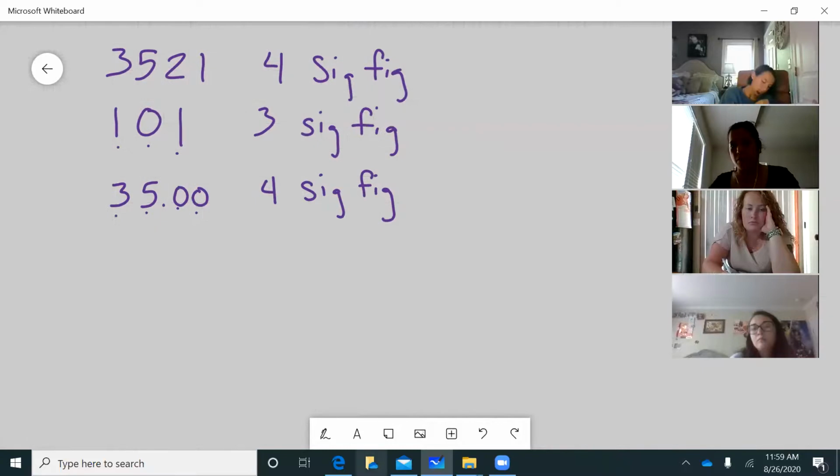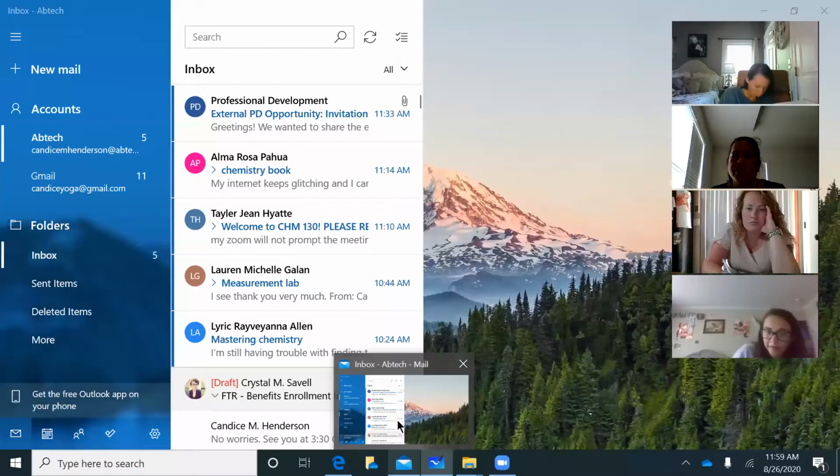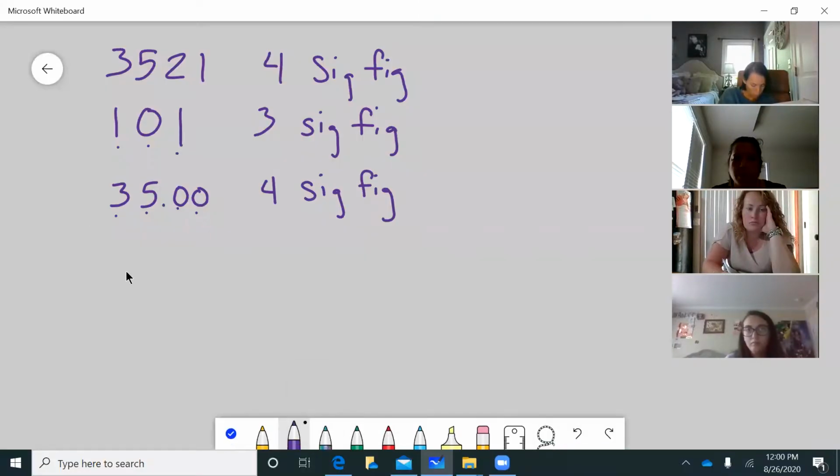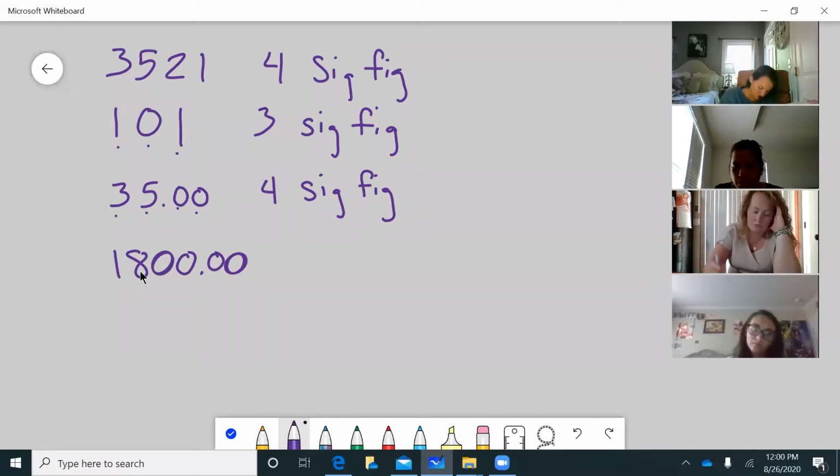Another rule says that, okay, I'll write a number, 180.00. Zeros that come after the number but before a defined decimal place are also going to be significant. Again, zeros that come after the main number and are before an actually written decimal are significant.